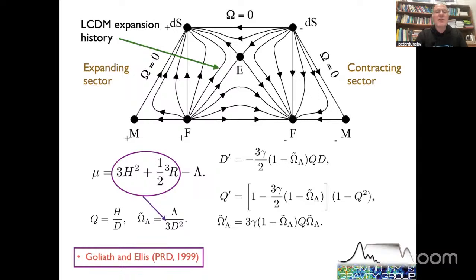So orbits will start at F plus in a lambda CDM context and evolve towards the de Sitter solution at late times, which is denoted by ds plus. So that's a nice way of representing the class of solutions that you get using the Robertson-Walker metric, standard cold dark matter plus a cosmological constant.